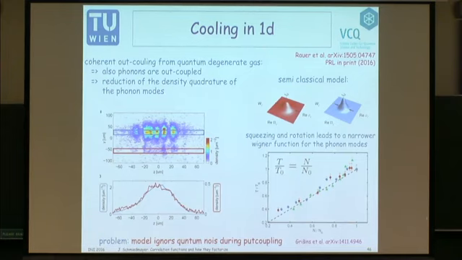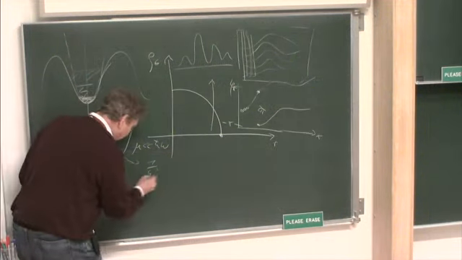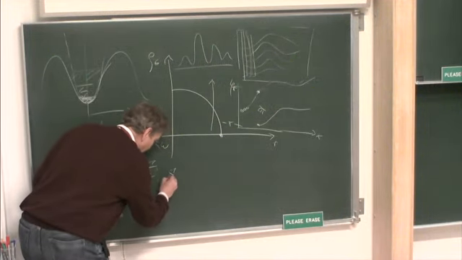On the importance of higher order scattering modes: the thing is that in 1D, it's a very good question. In 1D, we are in a regime where mu, the chemical interaction energy, is much smaller than h bar omega. The time scale for an atom to leave is 1 over omega, and the time scale to scatter is 1 over mu.